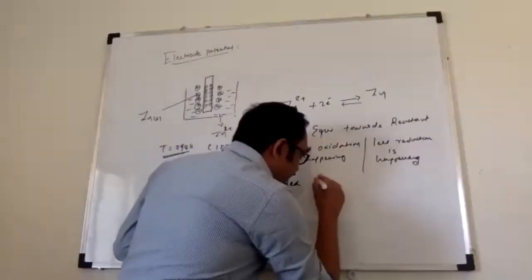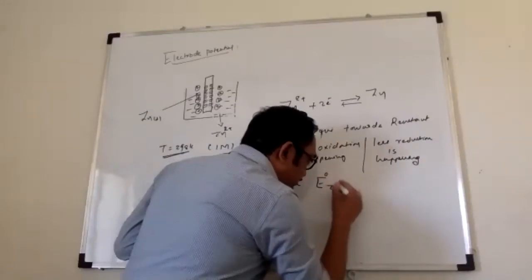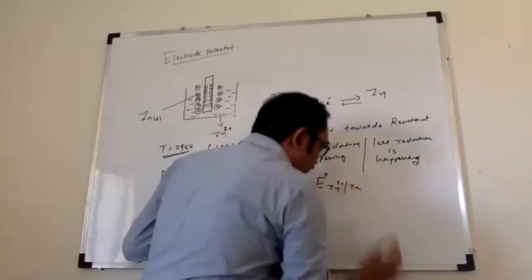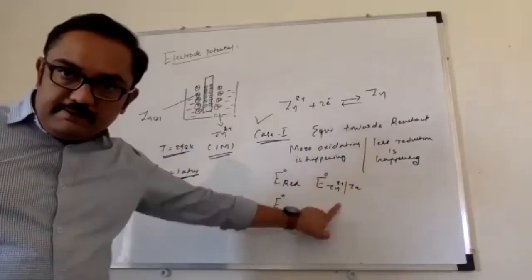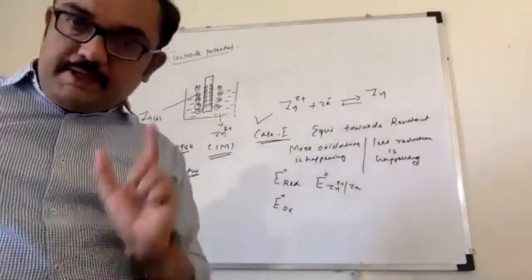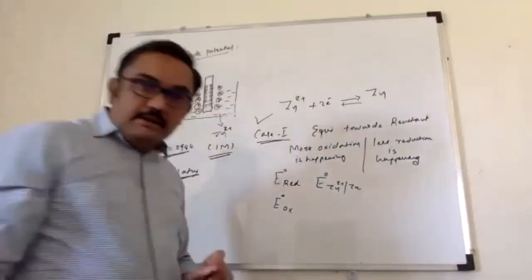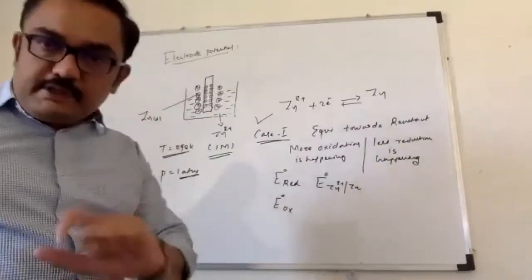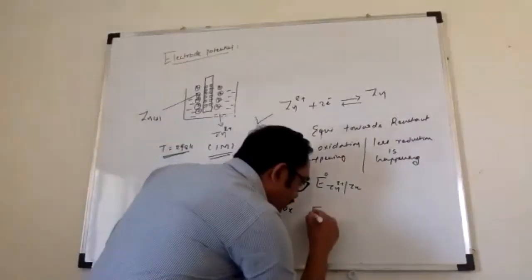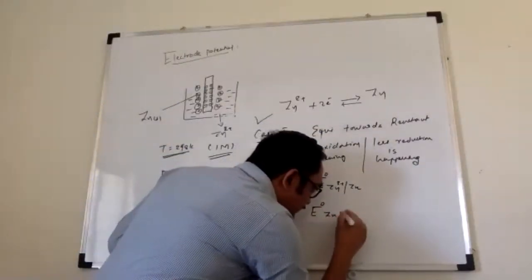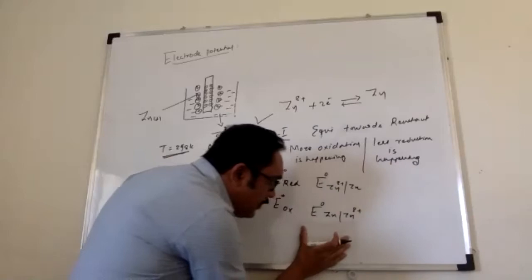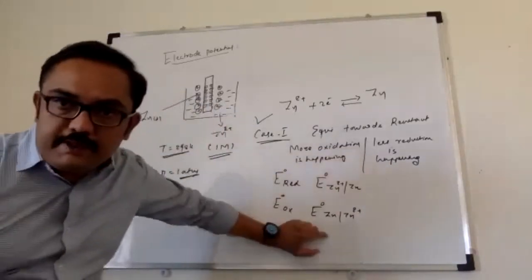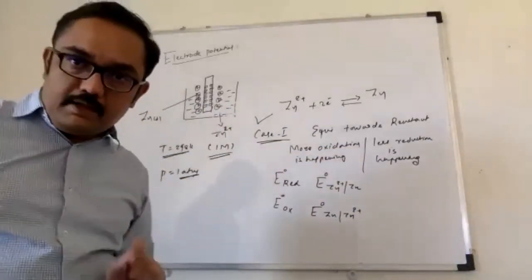The standard reduction potential can be written like this: E0 Zn2 plus, Zn. This symbol is called the standard reduction potential of Zn. And the symbol for the standard oxidation potential of Zn is the opposite of this. That is written E0 Zn, Zn2 plus. Understood?